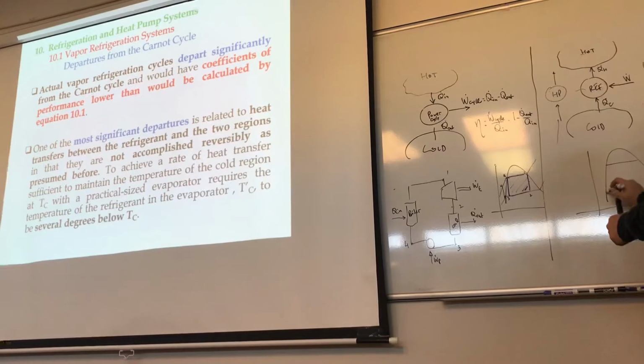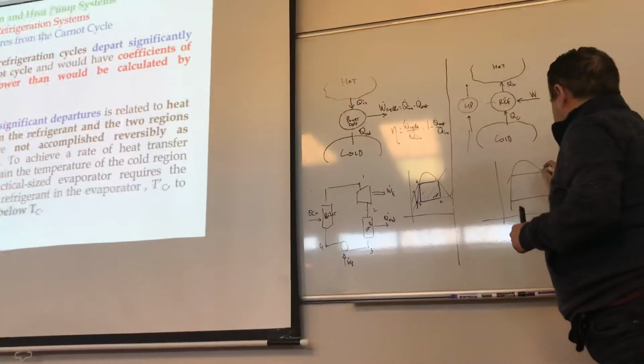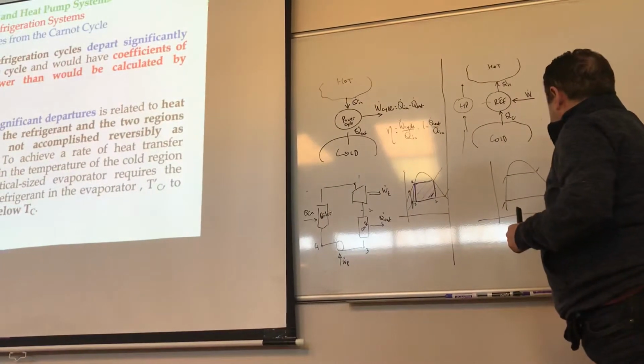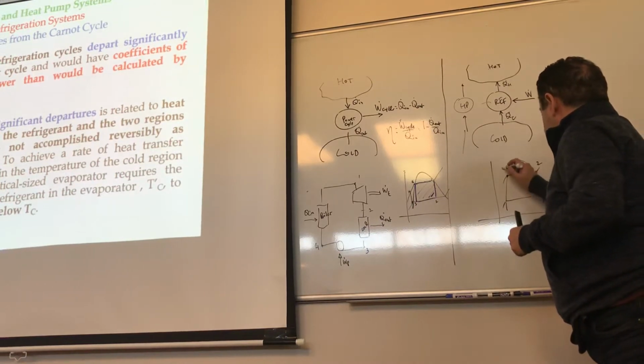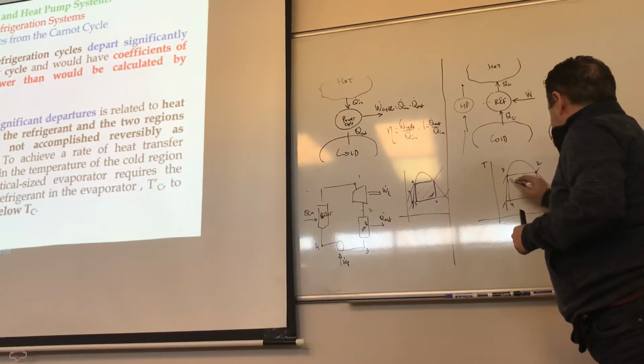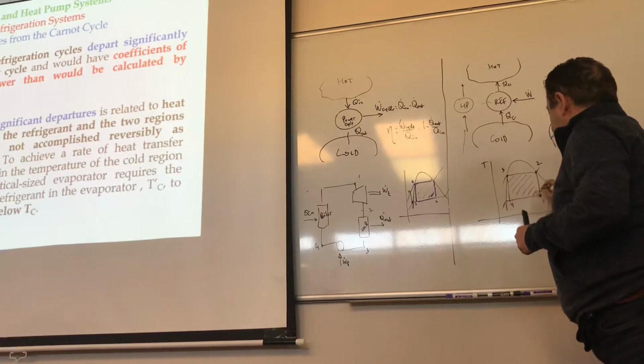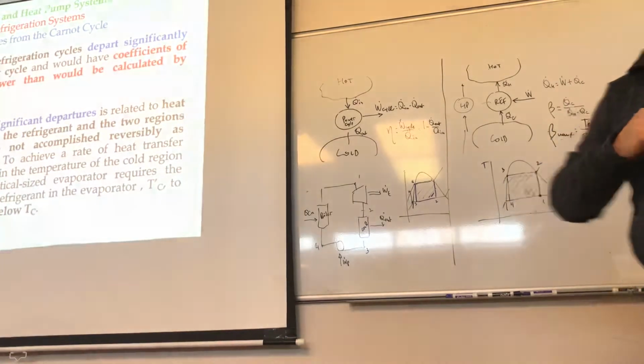We are operating between two temperatures, and we're coming in here from state 1 to state 2 to state 3 to state 4. Okay, so this is our presumed Carnot cycle.